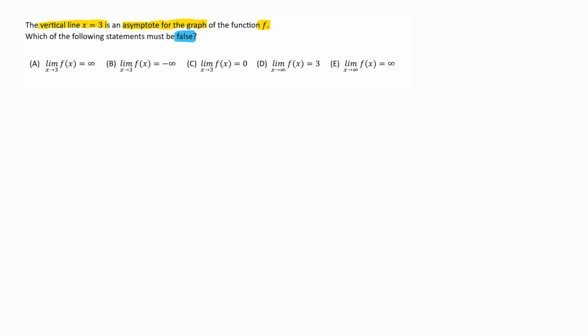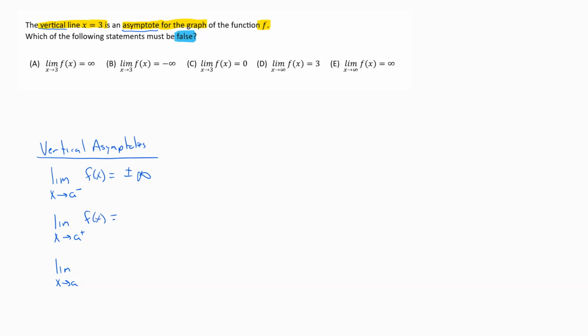As we look through this, the first thing we want to do, when somebody's talking to us about a vertical asymptote, is know the definition of a vertical asymptote. Vertical asymptotes are when the answer to a limit problem from the left or the right or overall, so the limit as x approaches some number from the left, from the right, or overall, is plus or minus infinity.